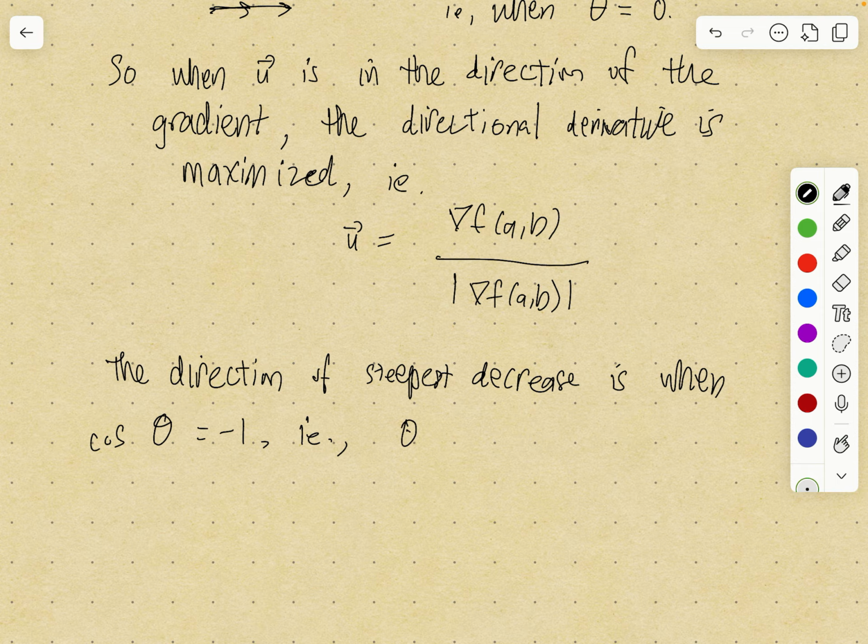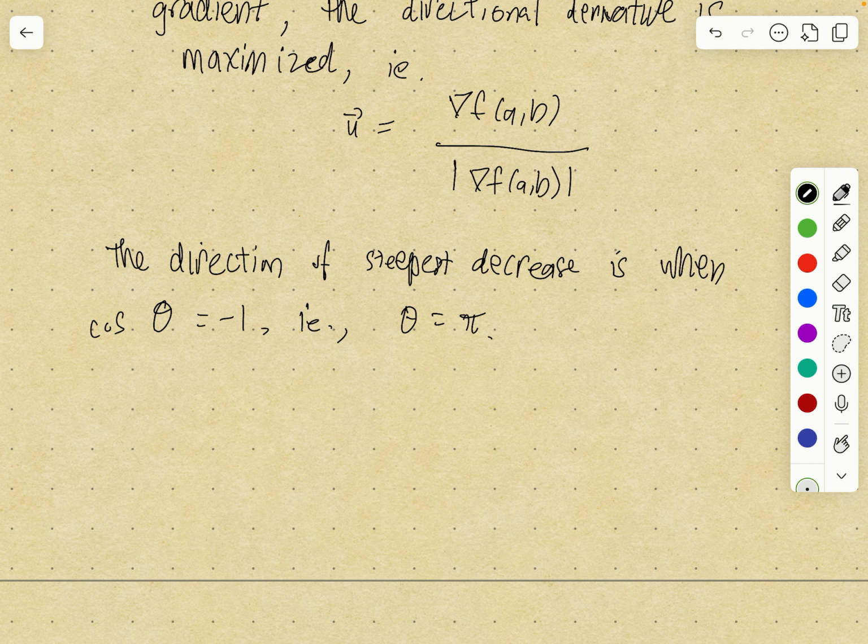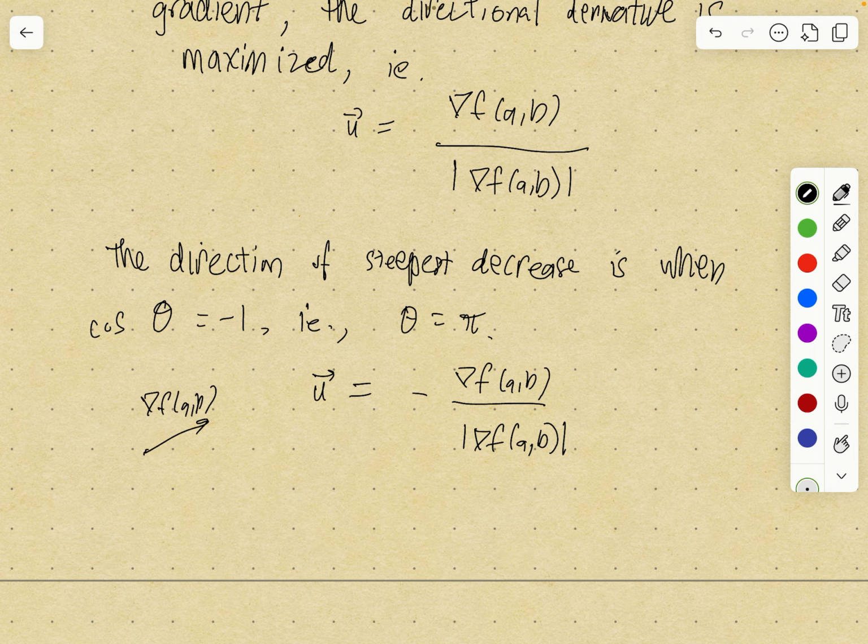When theta is equal to 180 degrees, or pi, right? So in that case, your vector u in the direction of steepest decrease would be minus the gradient divided by the magnitude. So in other words, if the gradient is this way, then you want your u to be in the opposite direction.